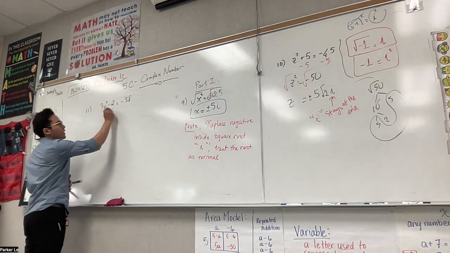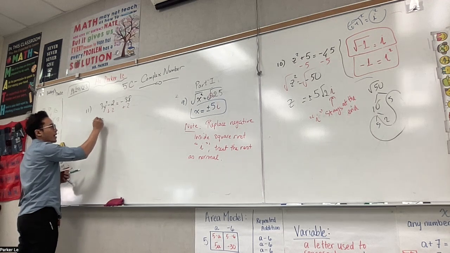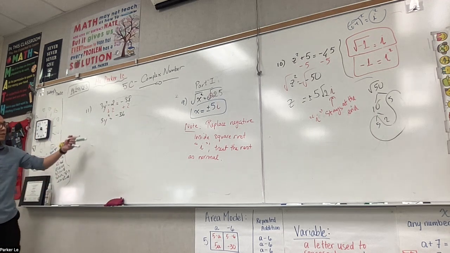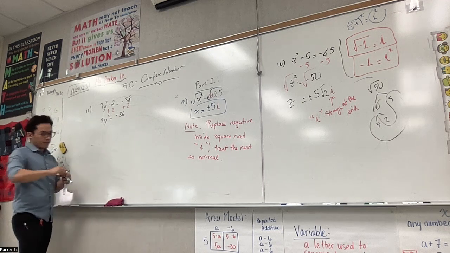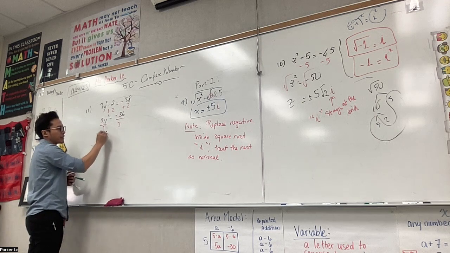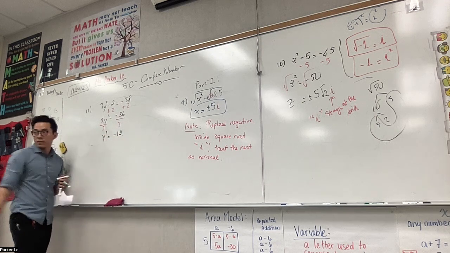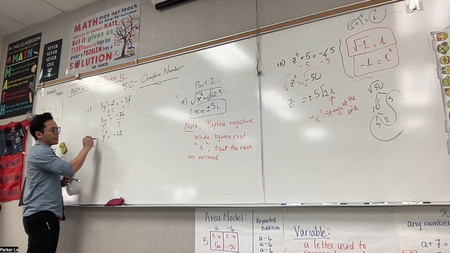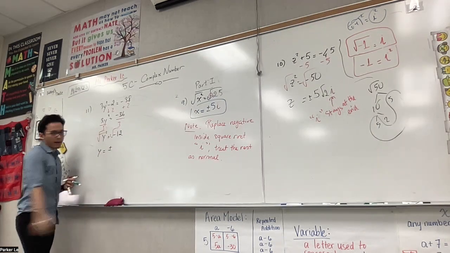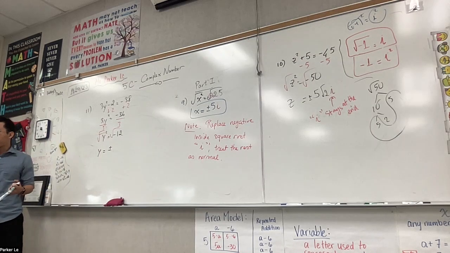Plus 2. So 3y squared equal to negative 36. You have a calculator on the test. What else? Divided by 3. What is negative 36 divided by 3? Negative 12. Yeah. And then you're going to take the square root. Very good. So y equal to, first just write plus and minus, in case you forget later.